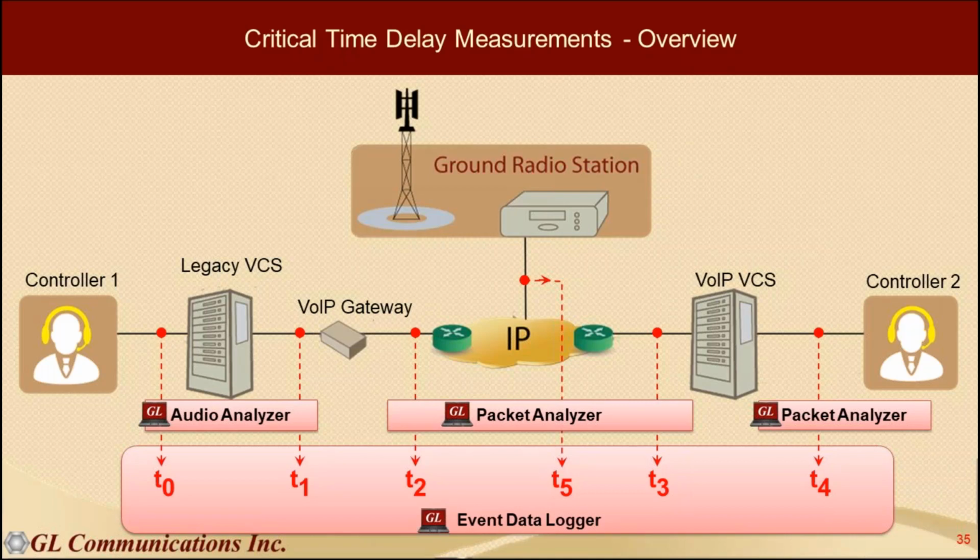Okay, we also have the ability to time actual voice from any point in this network. So we can be detecting voice, not just, for instance, an IP packet header flipping from 0 to 1 in a PTT header.